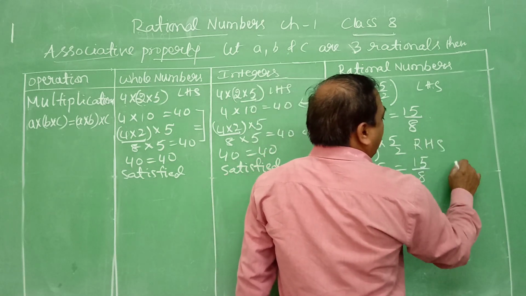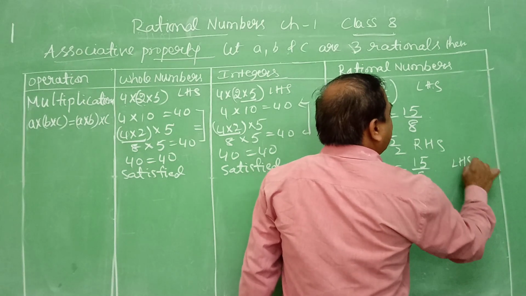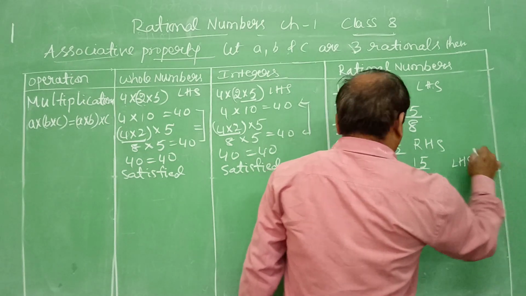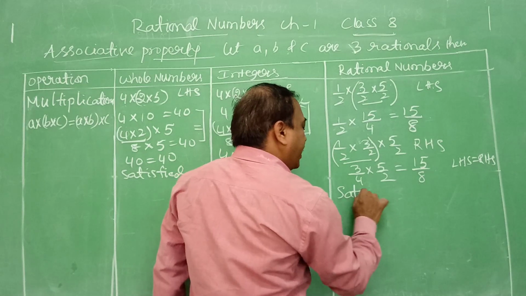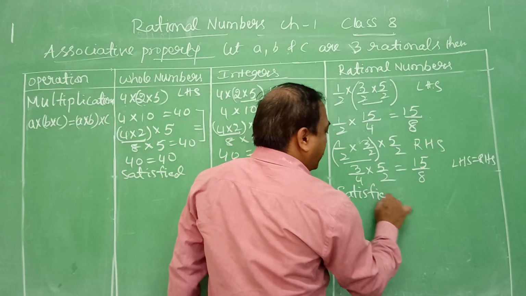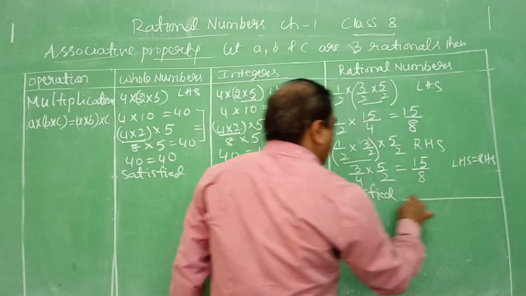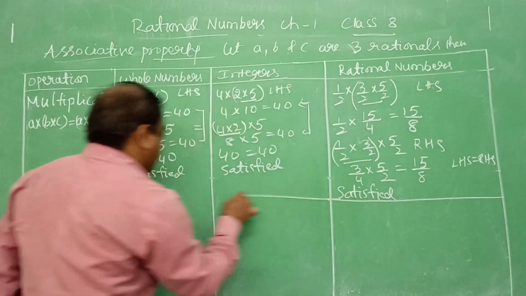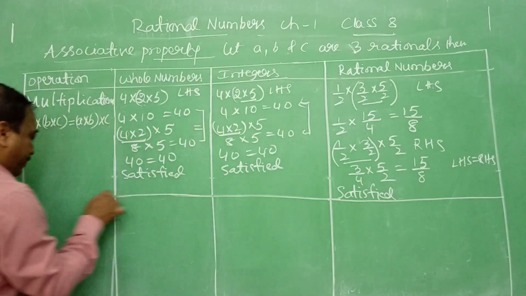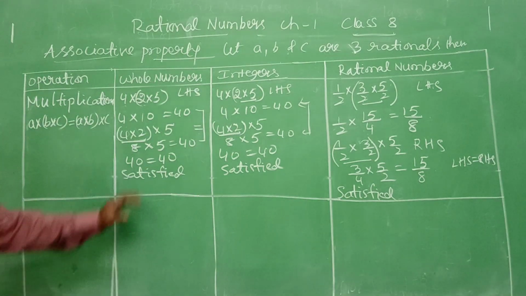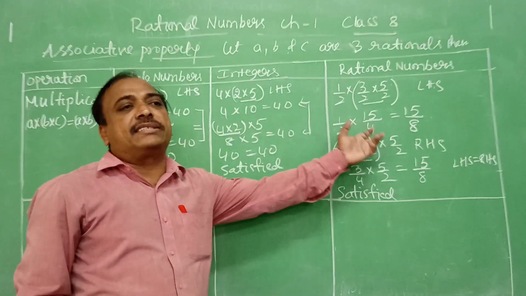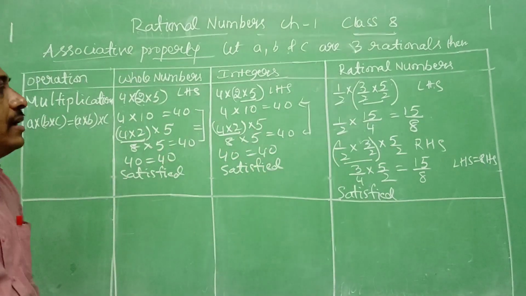So they both are equal. That means LHS is equals to RHS. So property satisfied. So under the multiplication, associative property satisfied for whole numbers, integers as well as rational numbers.